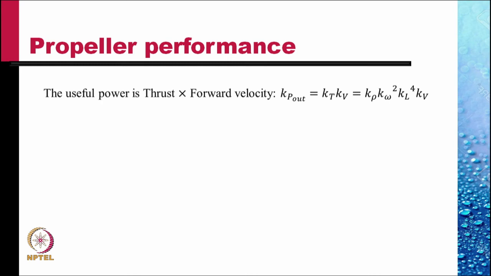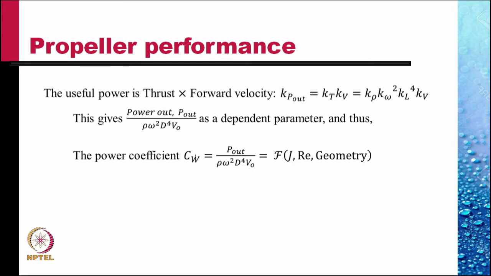So KP out, the scale factor for power out, is K thrust times K forward velocity. And from this, we get a power coefficient, CW dot, equal to power out divided by rho omega squared d^4 V dot, which again should be a function only of advance ratio, Reynolds number, and the geometry, including the pitch angle.